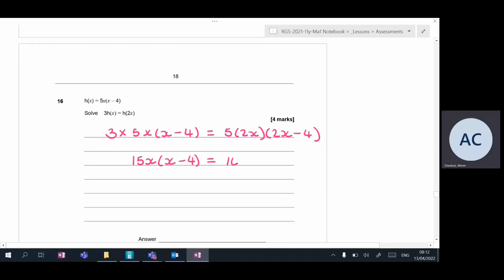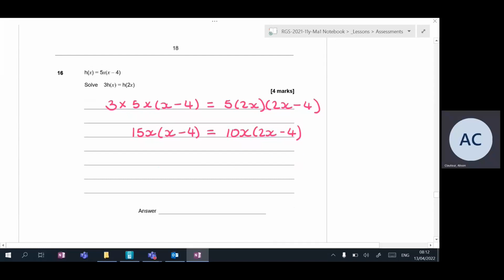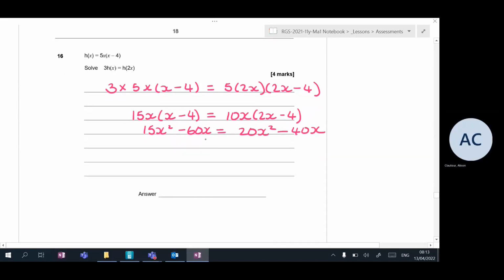And then we've got 10x, 2x minus 4. So we can expand the brackets on both sides. Okay, because I'm dealing with a quadratic, I'm going to put everything on one side. So I'm going to subtract 15x squared and add 60x.